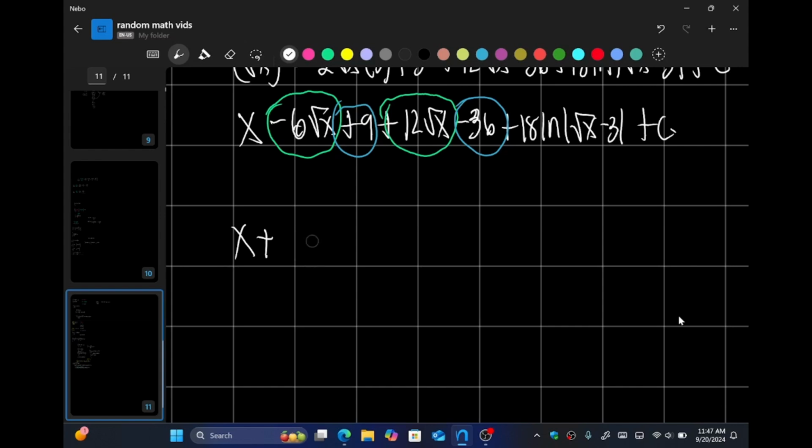Let me write that better. And then minus 27 plus 18 natural log of absolute value of the square root of x minus 3 plus constant of integration c.